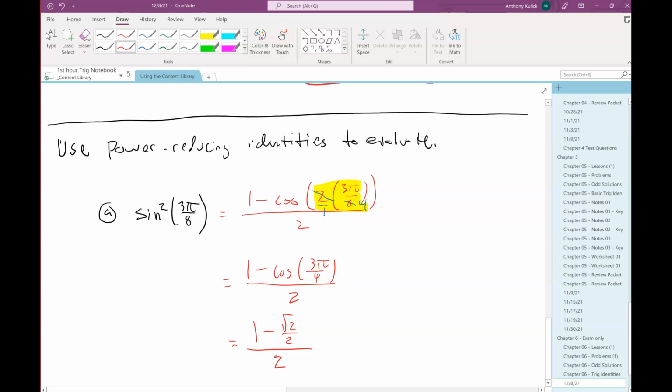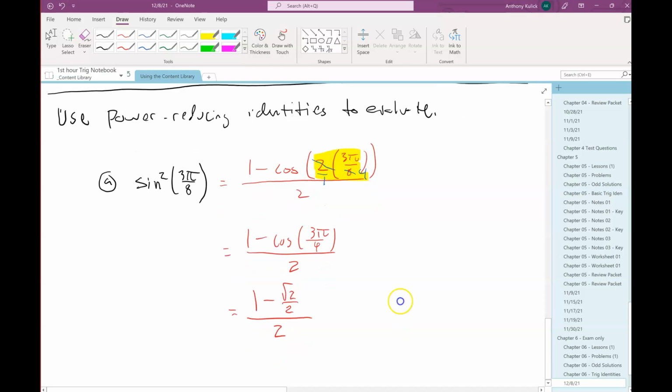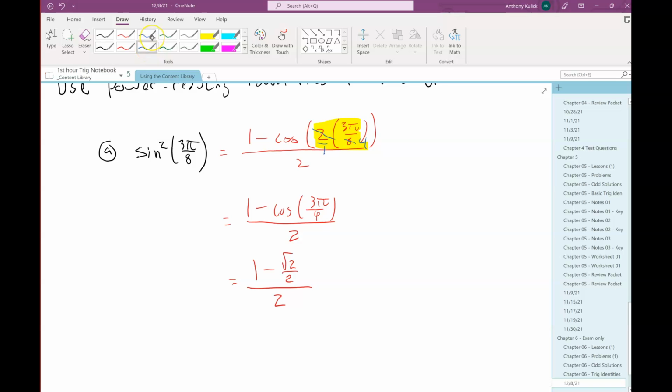So far, so good. The last thing I want to do is try to simplify this because I don't like the fact that I have a fraction inside of a bigger fraction. Everybody kind of see that? So here's the way that we're going to do that: I'm just going to multiply the top and bottom of this fraction by 2.